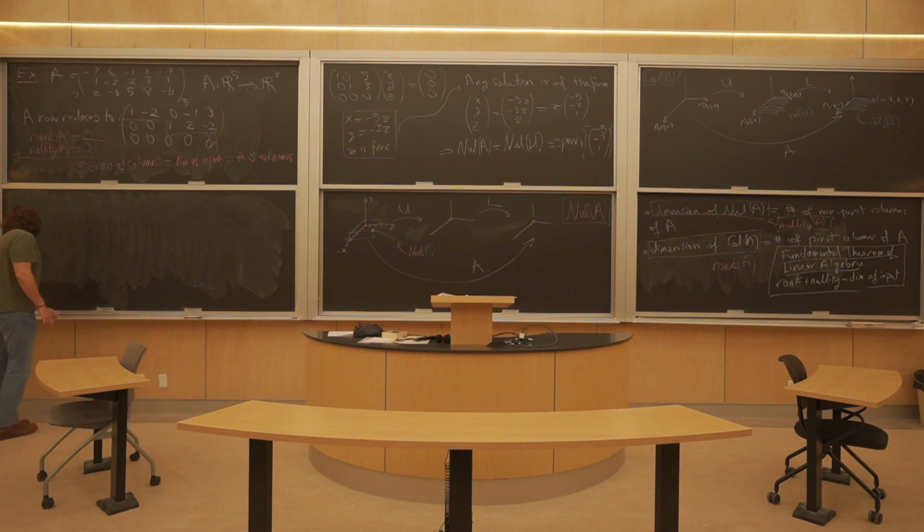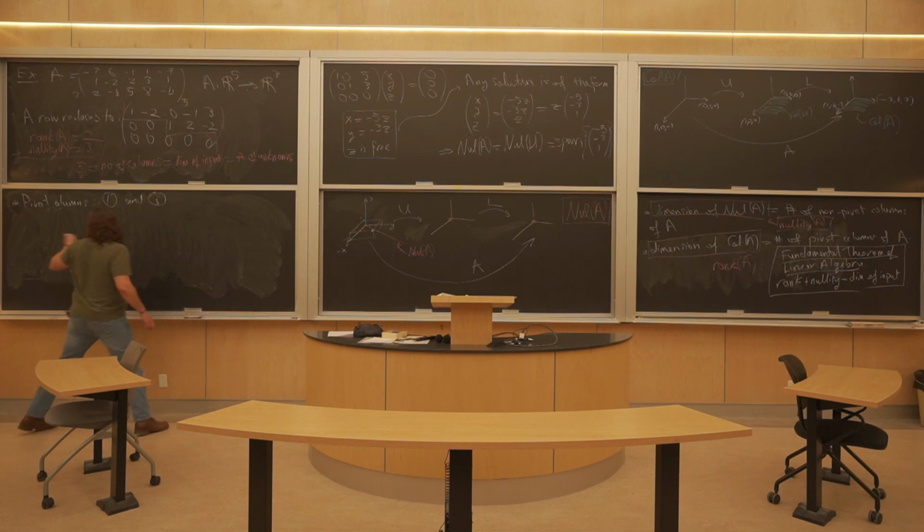So the column space, let me write it like this. Pivot columns 1 and 3. So the column space of A is spanned by the first column and the third column.